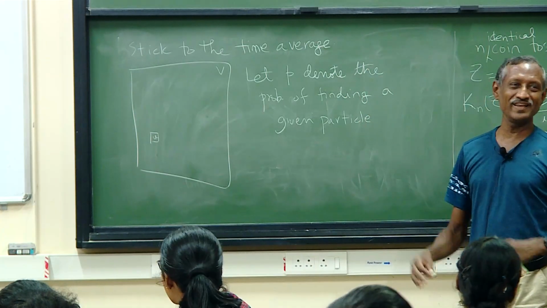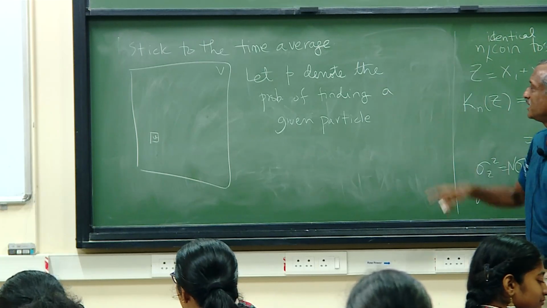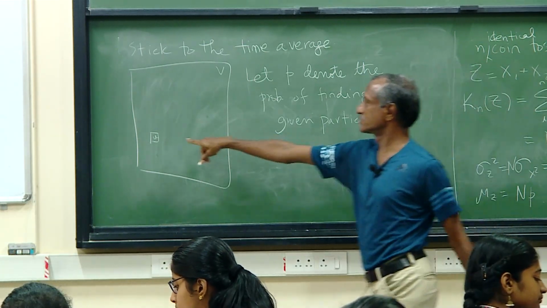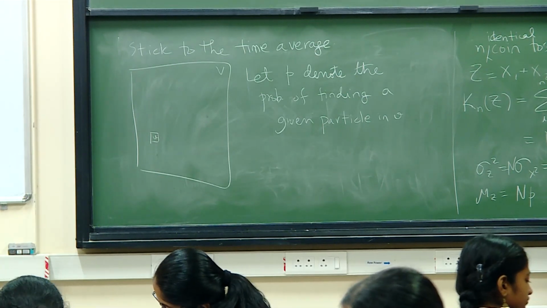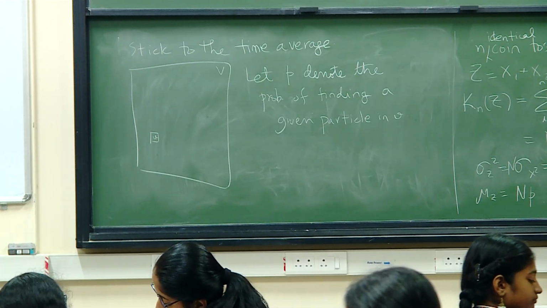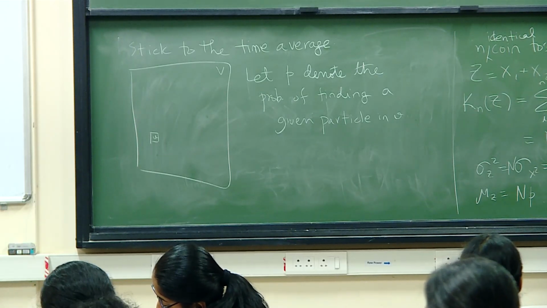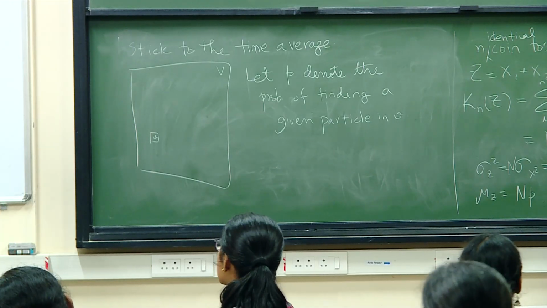But let's say we named one, we colored one of those atoms and we're tracking that one. Let p denote the probability of finding the given particle in little v, in this cube. What is the probability we should assign? What should little p be? That's a nice choice. Any ideas?